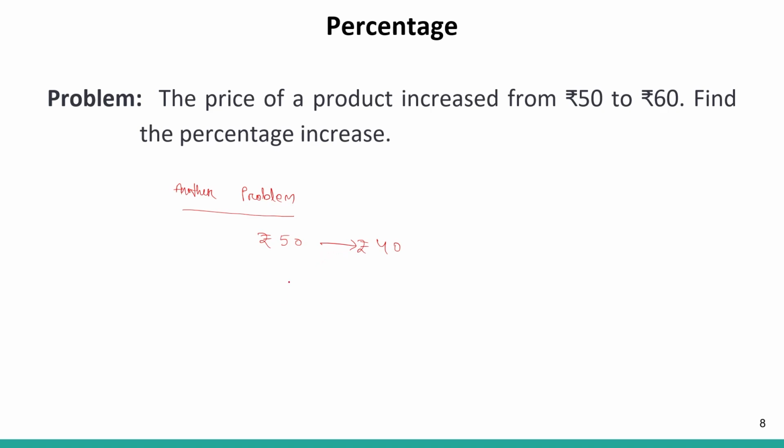What you do is find original price minus selling price, the price at which the product was sold. If this is x and this is y, and x minus y is greater than 0, then the original price is greater than the selling price, so you are at a loss. So it is a percentage decrease.